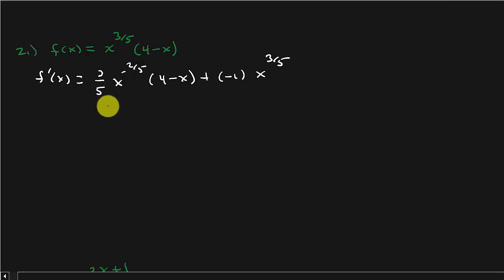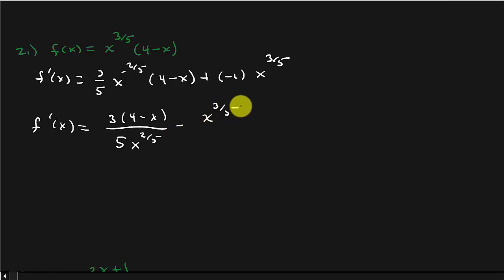I believe that's right. Yeah, that's good. All right, so f prime of x is equal to 3 times 4 minus x over 5x to the 2/5 minus x to the 3/5.